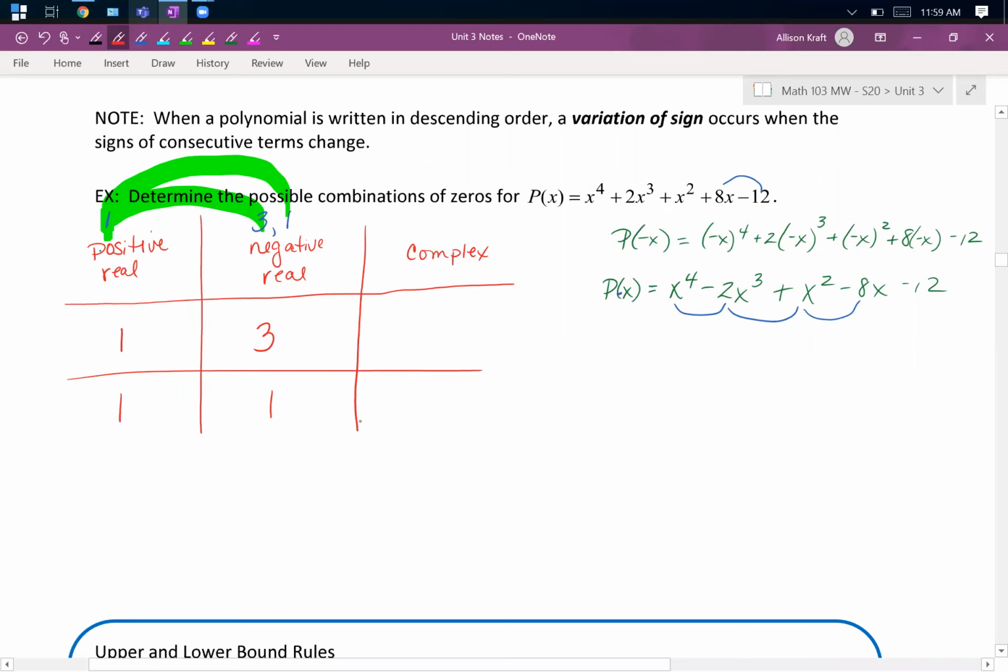Next, we need to fill in the complex column. Since our polynomial is degree 4, we know that we're going to have 4 zeros. Each row must add across to be the degree.